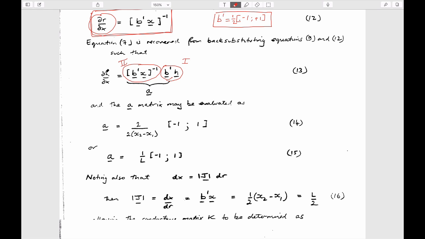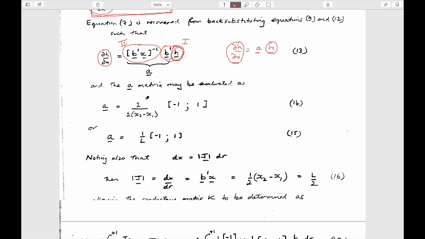We know that the A matrix by definition links the nodal values of heads to the gradients of heads. These gradients are in the global coordinate system, not the local coordinate system. This is the global coordinate system, which is the left-hand side here. These are the nodal values of heads, which are these here. And so by definition, everything else between those is just the shape function.